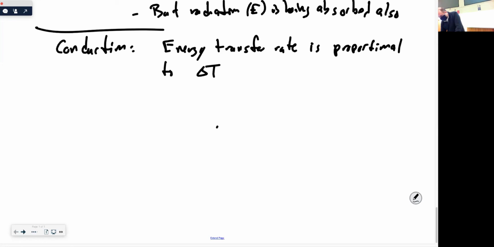So heating rate, how fast we heat things, is going to be equivalent to a power. It's going to be how much energy per second is being transferred from one of your objects to the other.